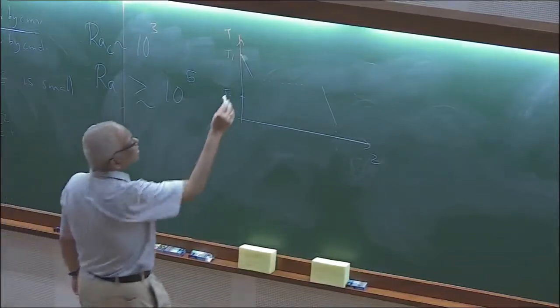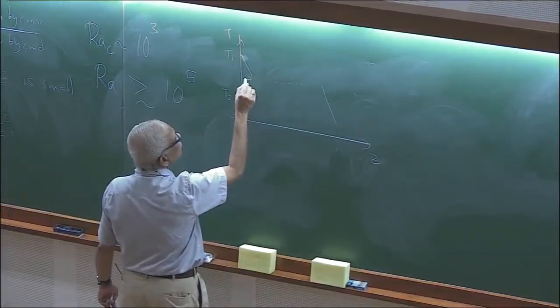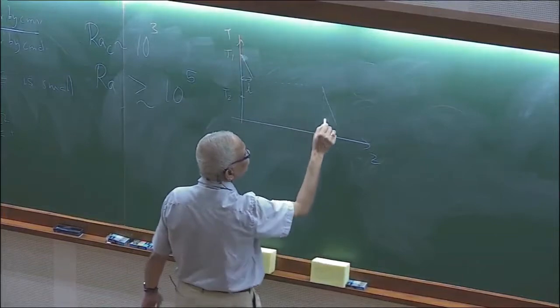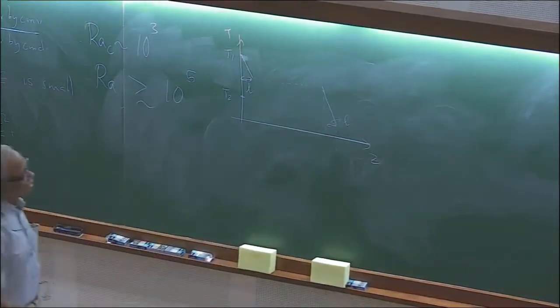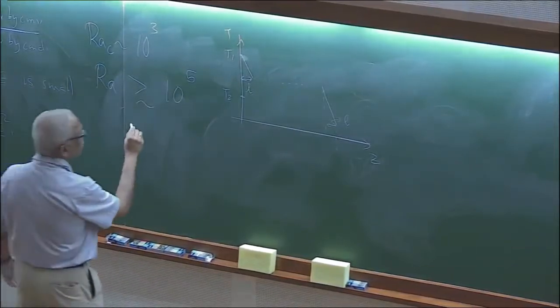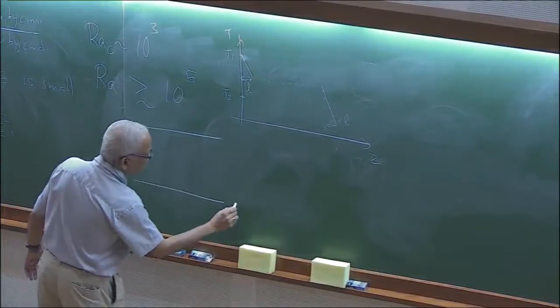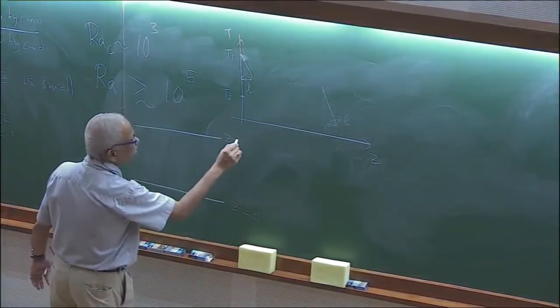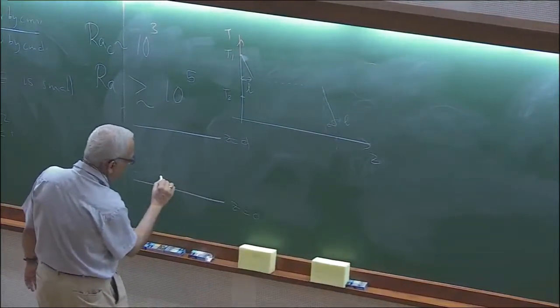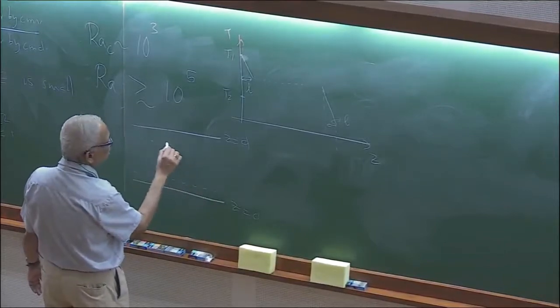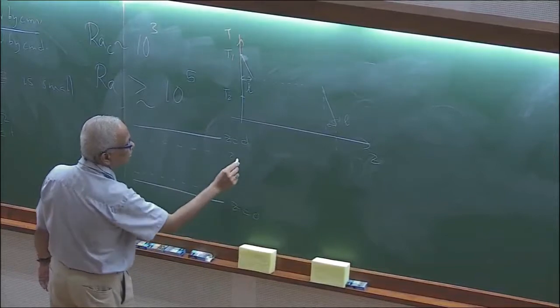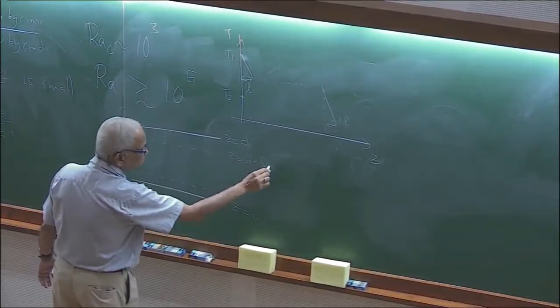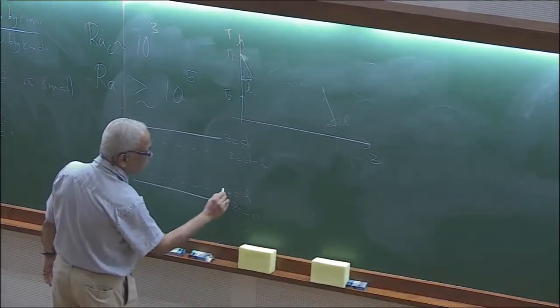So there is this small region L near each wall. So here we are. This is Z equal to 0. This is Z equal to D. The action seems to be near these walls. So this is Z equal to D minus L. This is Z equal to L over here.